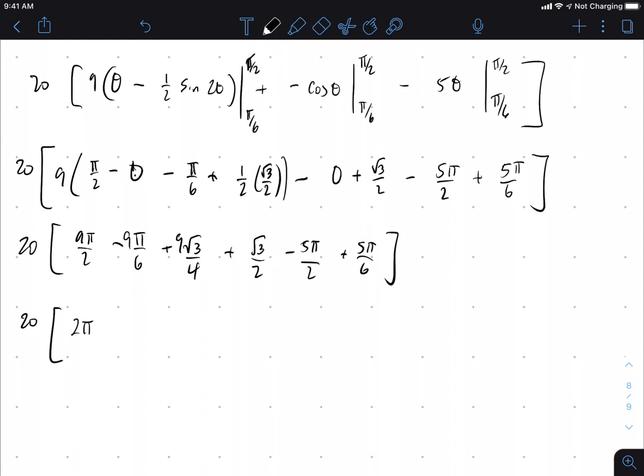But now we're going to get a negative 4 pi over 6. Is that right? Plus 2, so that's going to be 11 rad 3 over 4. Is that correct?